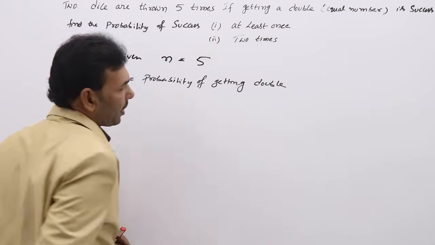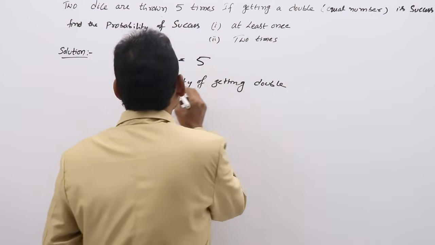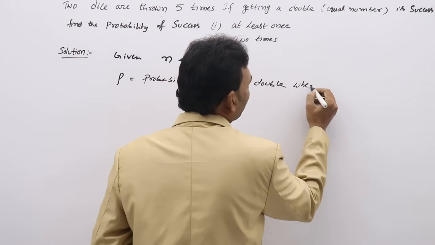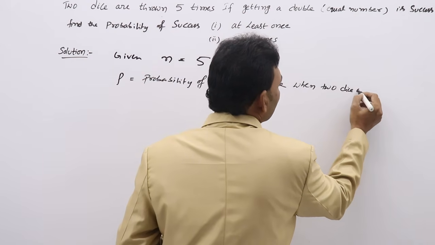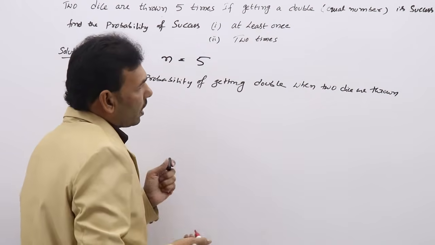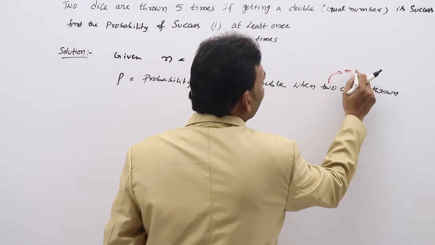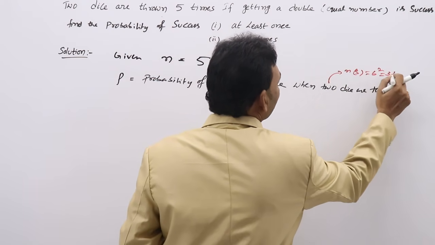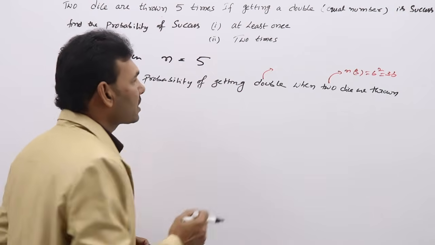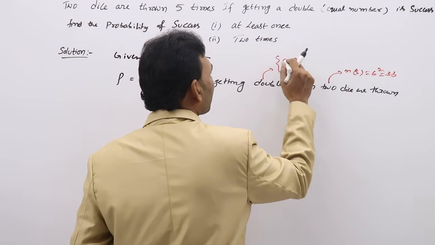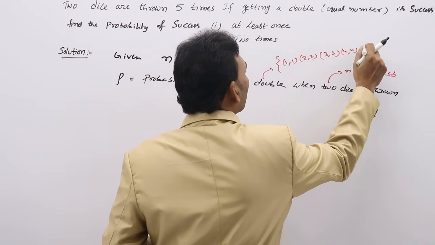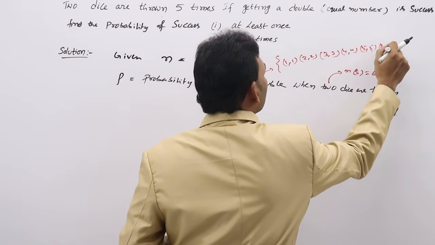A double means an equal number. For throwing 2 dice, n(S) is 6 squared, 36. The favorable cases for a double are 1 1, 2 2, 3 3, 4 4, 5 5, 6 6.